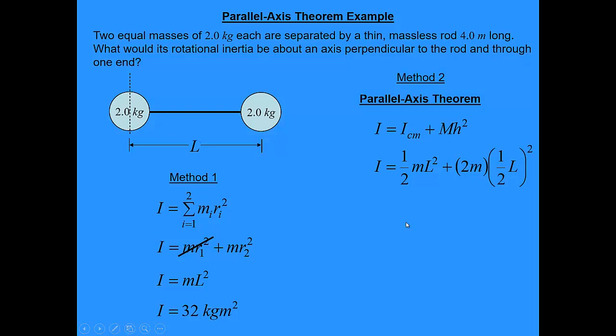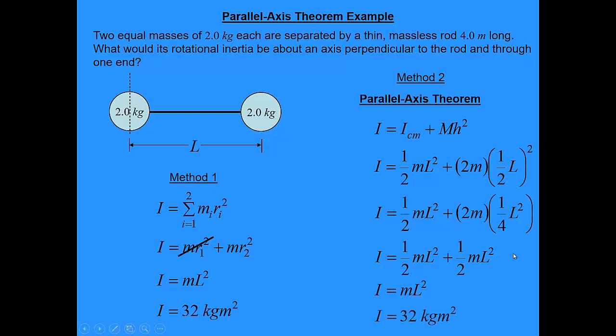And h is the distance from the center of mass, which would be right here in the center, to the new axis of rotation, the new parallel axis of rotation, which is 1/2 L. So, square, that's 1/4 L squared. Simplify, 2 times 1/4 is 1/2. 1/2 plus 1/2 is mL squared. And of course we get the same answer.